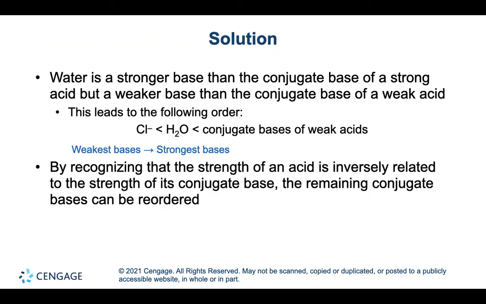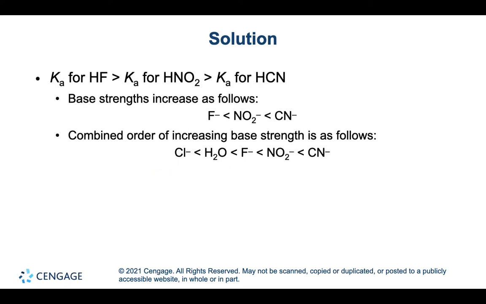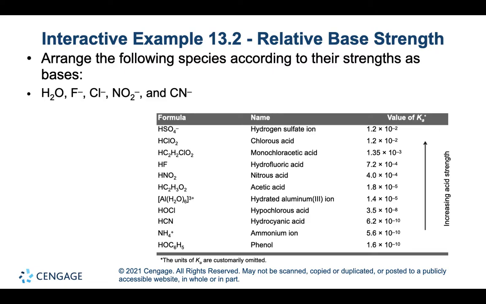So now, how do we list them in order? They're stronger bases than water, but how do we list the order of them from weakest to strongest? Well, the general principle is the strength of an acid is inversely related to the strength of its conjugate base. So, since HF is the strongest of the weak acids, 7.2 times 10 minus 4, we would say F minus is the weakest of the conjugate bases.